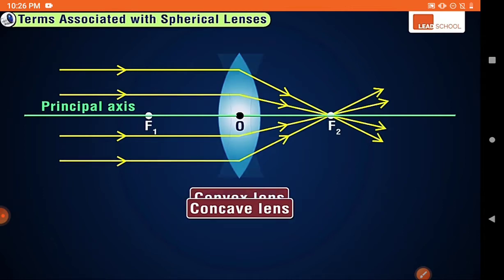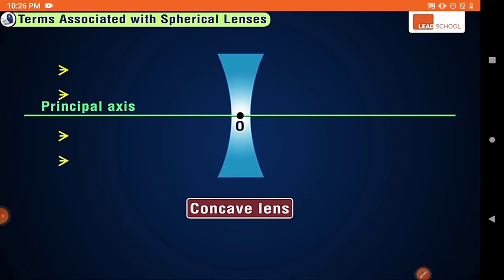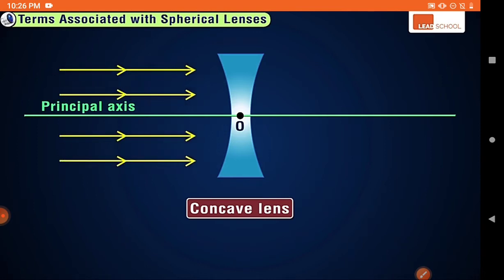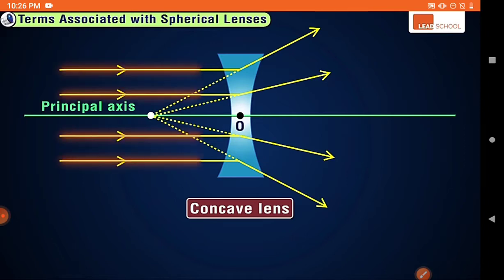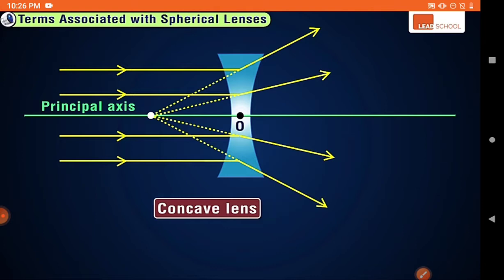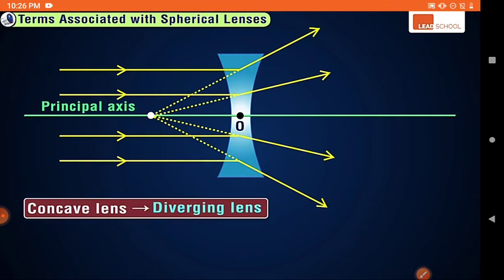In the case of a concave lens, the light rays parallel to the principal axis appear to diverge from a point on the principal axis of the lens after refraction. Since the light rays diverge after refraction, the concave lens is said to be a diverging lens.